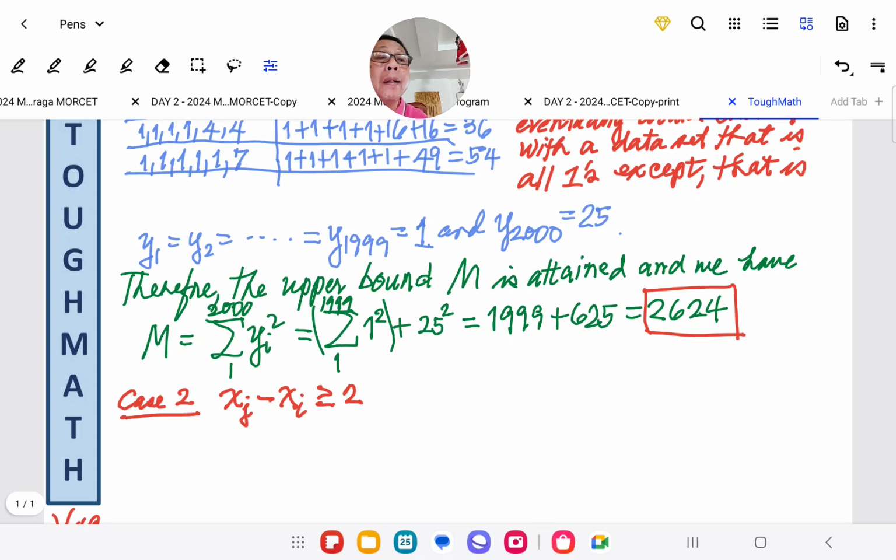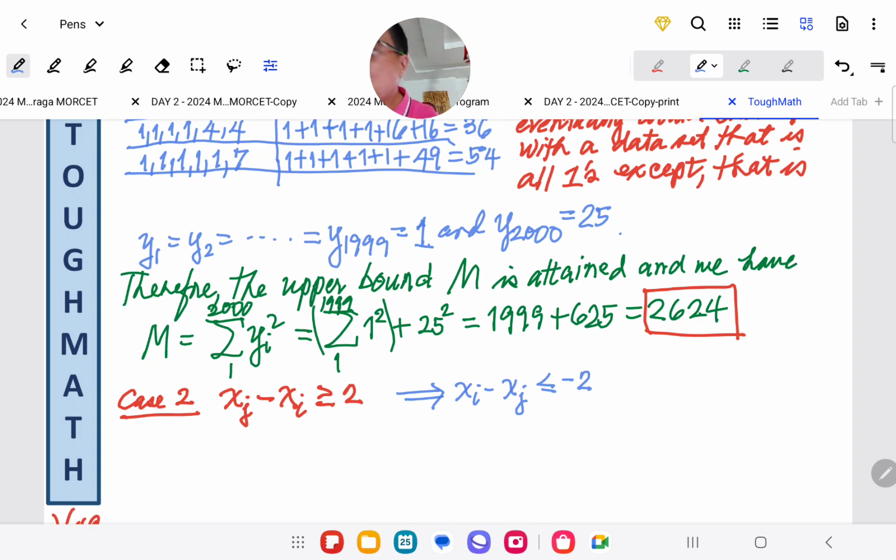So this means that when you multiply both sides by -1, then you have x sub i minus x sub j is less than or equal to -2, which in turn gives us x sub i minus x sub j plus 1 is still less than -1, or less than 0. So it's negative. So this quantity here is negative. Okay, now.